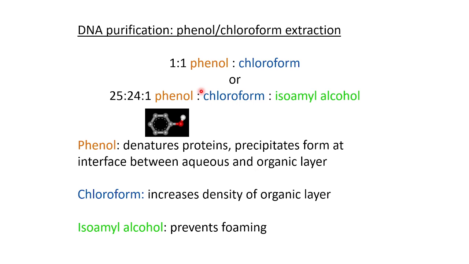So what does the phenol do? It denatures the proteins, and precipitates form at the interface between the aqueous and the organic layer. Chloroform increases the density of the organic layer, and isoamyl alcohol prevents foam.